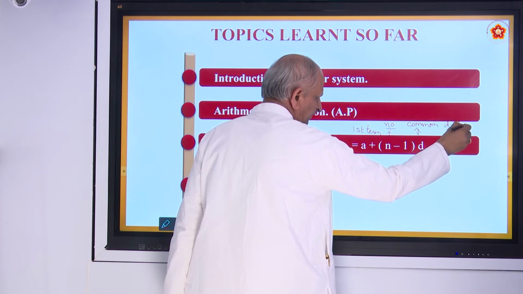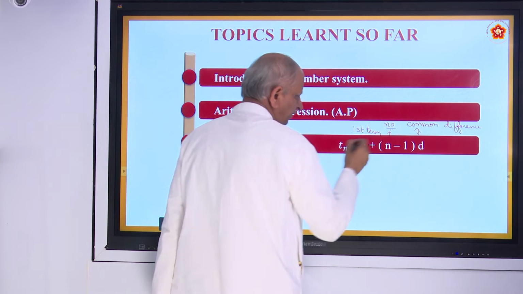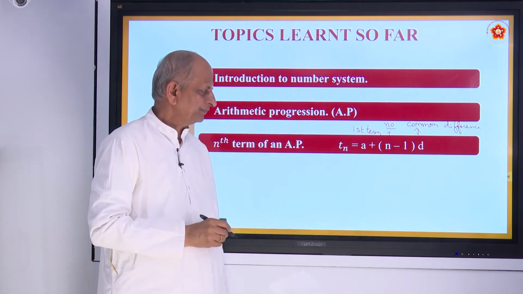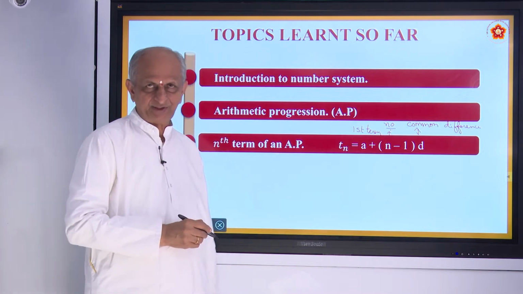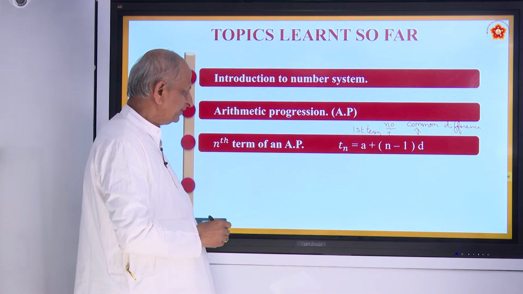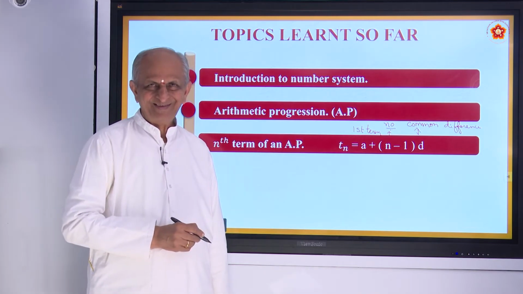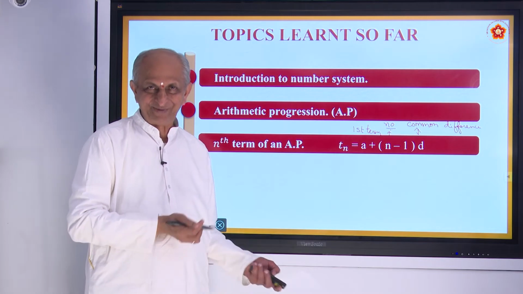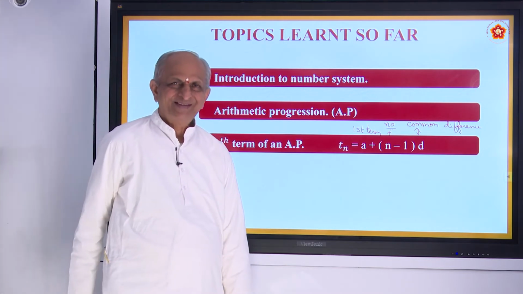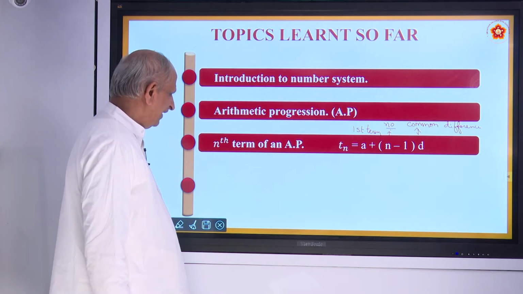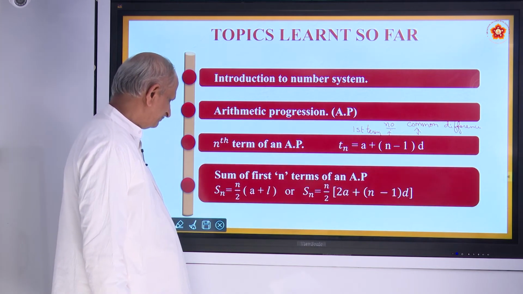What is Tn? Tn is the nth term, that is the last term, you can say, of the AP. What is AP? Not Andhra Pradesh. Of course, the expansion of AP can be anything, but here we are referring to mathematics. So, we have arithmetic progression.